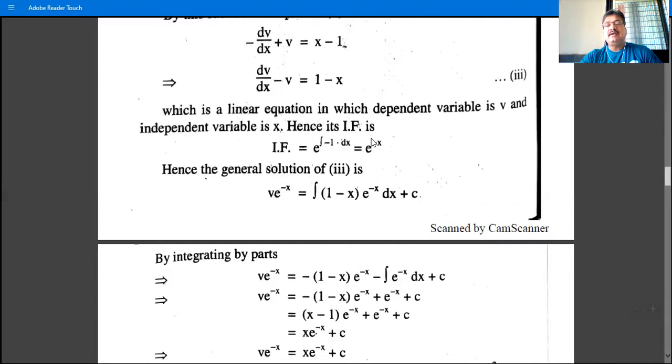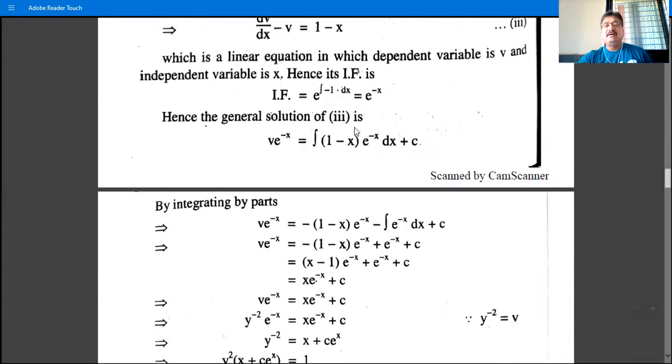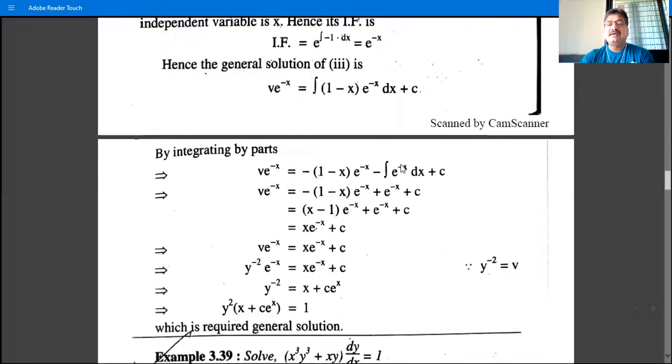So v into I is e raised to minus x, integration of qx, 1 minus x, e raised to minus x dx plus c, and so by parts rule integrate this. This 1 minus x is first and e raised to minus x is second. So first into integration of second: e raised to minus x divided by minus 1, means minus e raised to minus x, minus integration of the derivative of first, which is minus 1, so minus becomes plus, and then next e raised to minus x, the integration is e raised to minus x divided by minus 1.